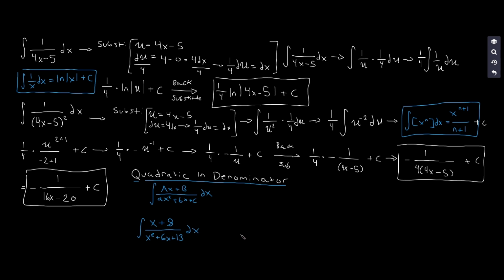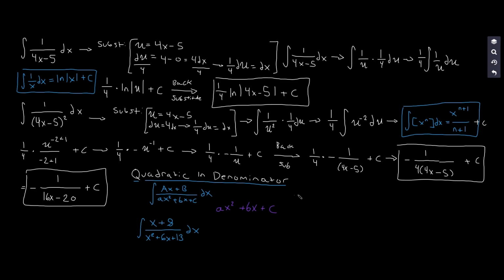Right? If we have the indefinite integral of x plus 8 over x squared plus 6x plus 13, integration with respect to x, the denominator, well, it's quadratic. The quadratic is of the form a times x squared plus bx plus c.